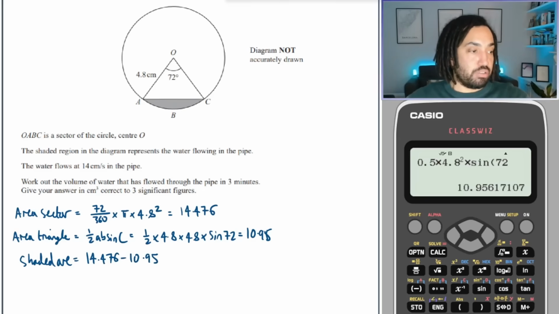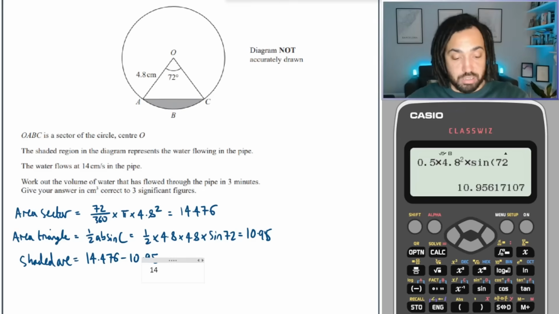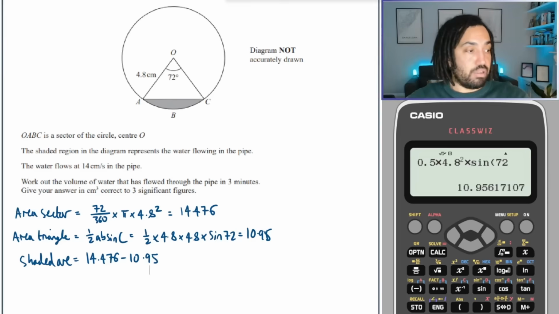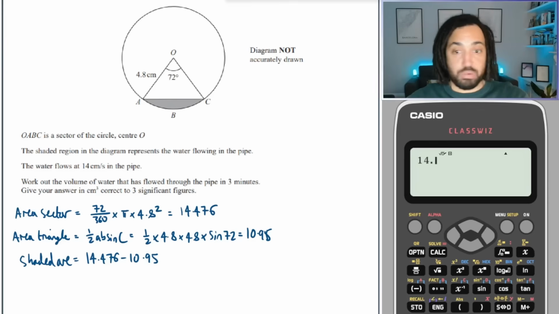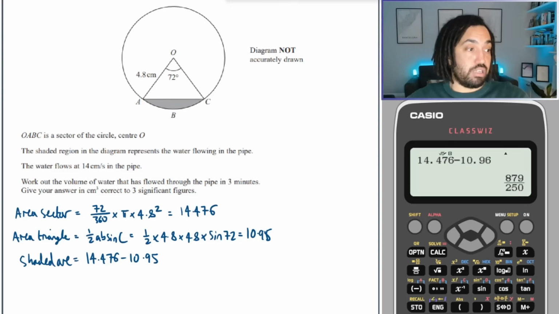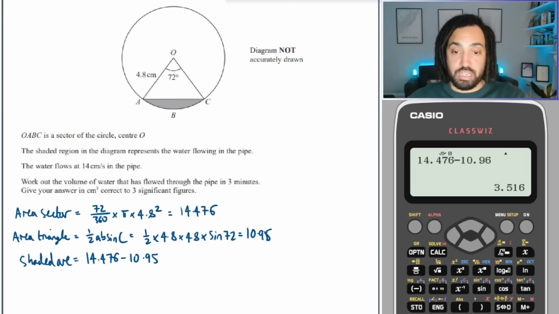So again, I'll do that on the calculator. 14.476 subtract 10.956, wasn't it? Yeah. And that gives me the area is 3.516.